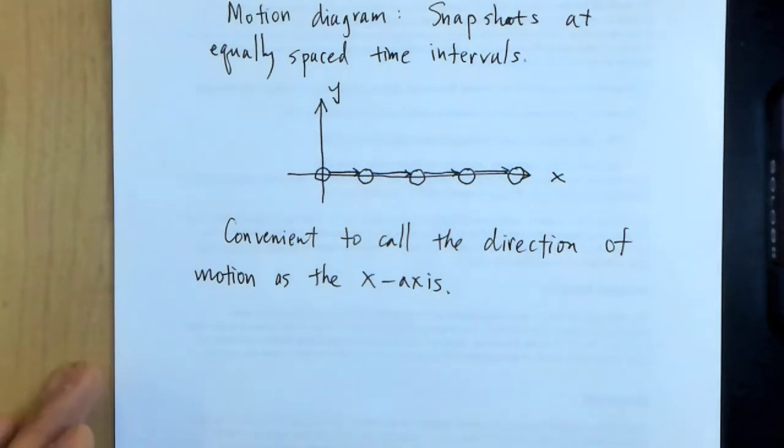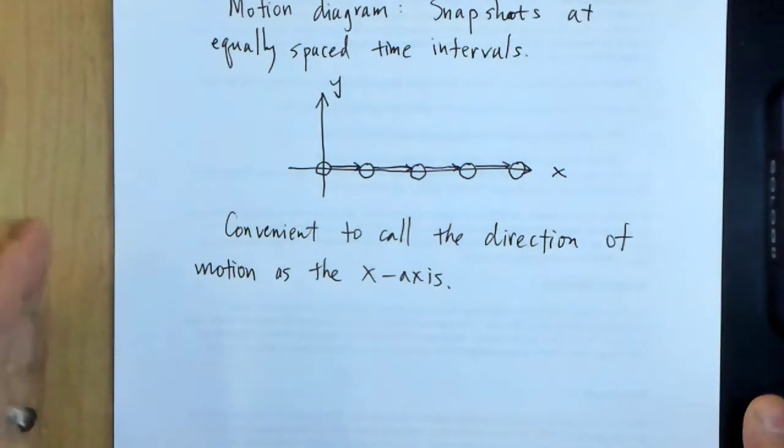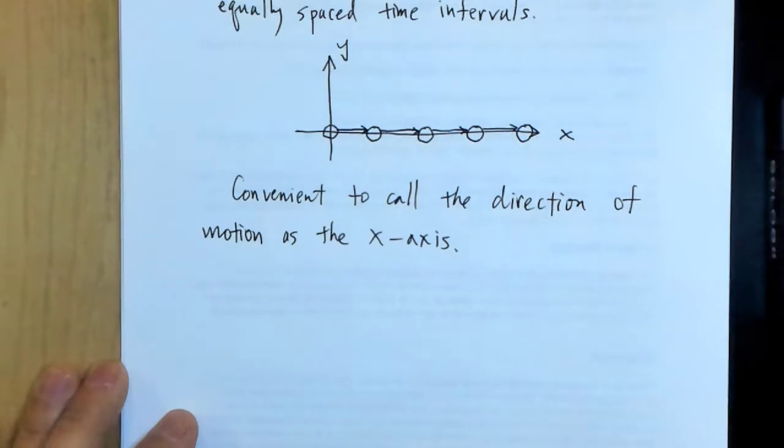If it was not in that direction, if it was some other direction, not these nice arrows, suppose it was over there, then we just say my plus x-axis direction is in that direction. If it was over there, then my x-axis would be in that direction. Okay? That's all it is. And because it's only in one dimension, we can essentially ignore the y and the z. We just don't even think about them.